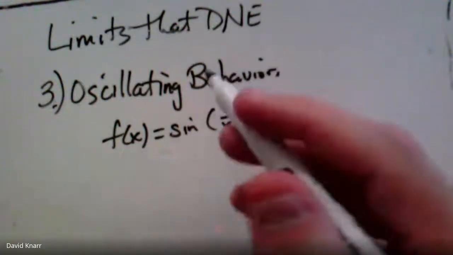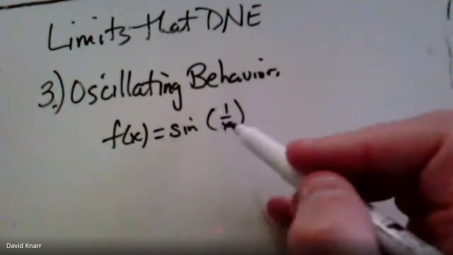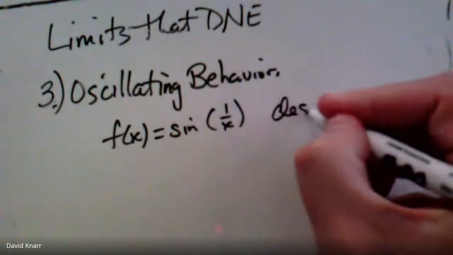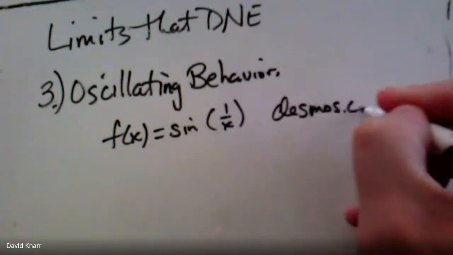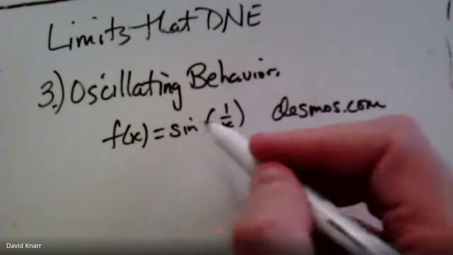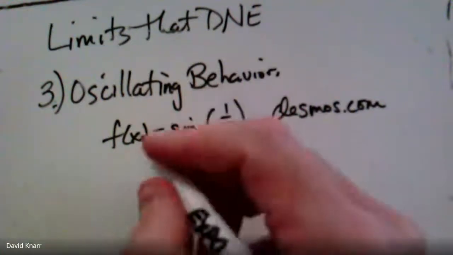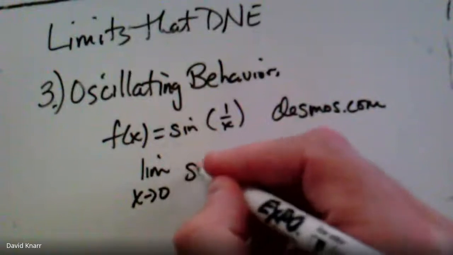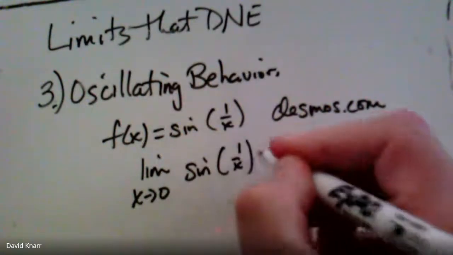Put it in radian mode and graph sine of 1 over x. If you don't have a graphing calculator, you could, of course, go to the online calculator, which is desmos.com. You go to Desmos, and you can type in sine of 1 over x. All right? I want to calculate the limit as x goes to 0 of sine of 1 over x.